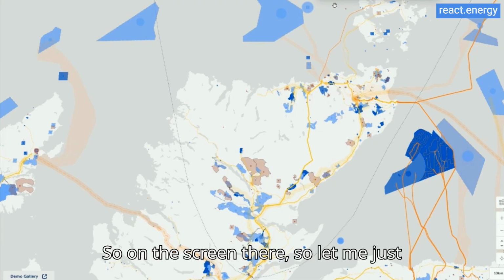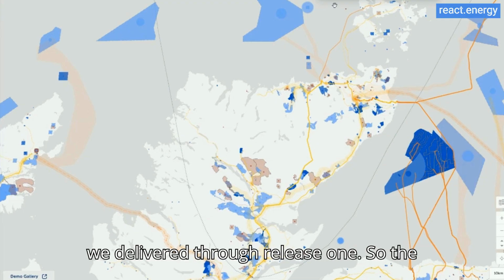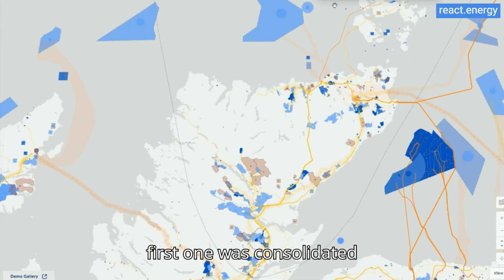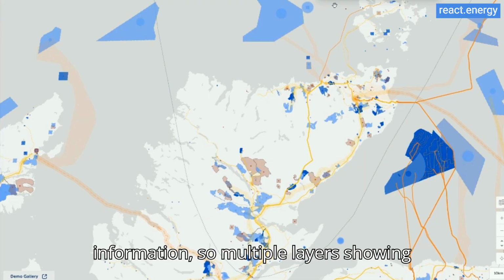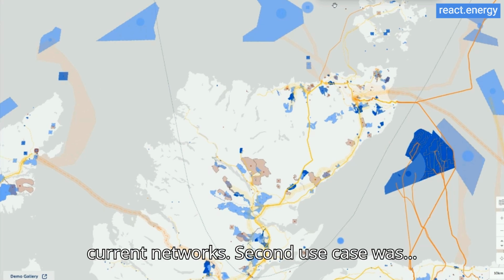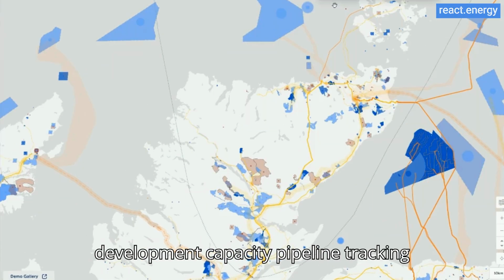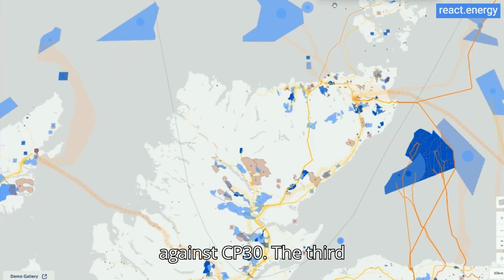So let me just talk through briefly the use cases that we delivered through release 1. The first one was consolidated information, so multiple layers showing current networks. The second use case was a single view of the development capacity pipeline, tracking against CP30.